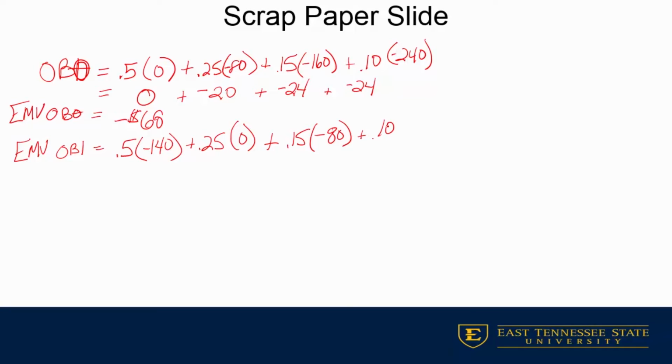The 10% probability, 0.10, of having 3 cancellations, I would be out $160. So if I do the math here, it would be negative 70 plus 0 plus 0.15 times negative 80, which is a negative 12, plus negative 16. To find the expected monetary value for overbooking 1 room, add all of those up, and it'd be a negative $98.